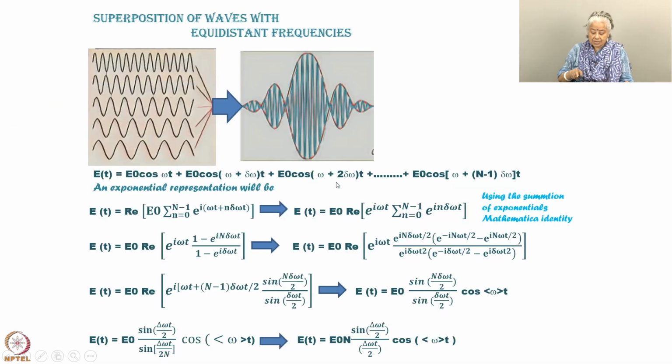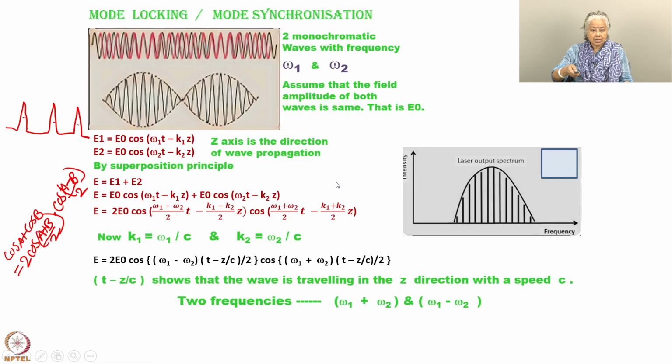So what does this equation mean physically? One, that this whole thing is travelling along this z direction, and the next is omega 1 plus omega 2.